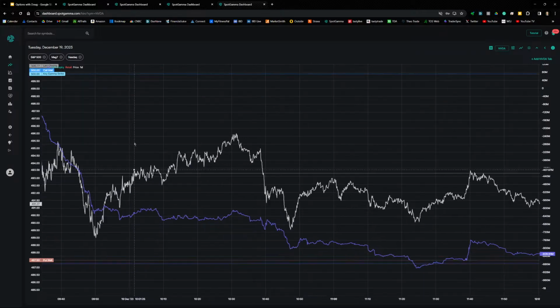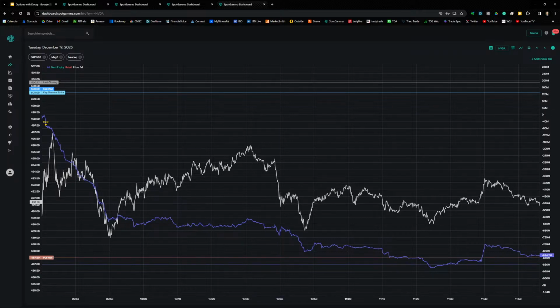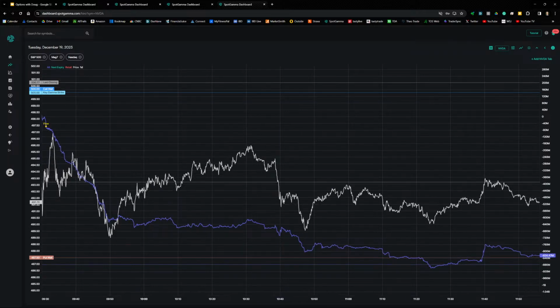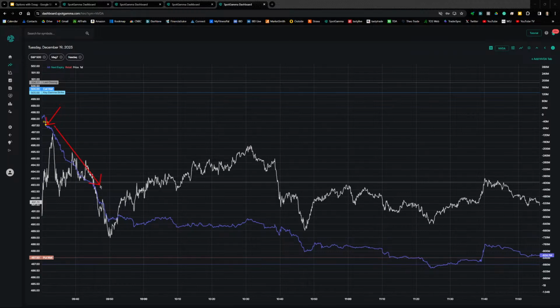Zoom in on the open here. Note the put wall down at 487.50. Very timely flow alert, right? Just a minute or two after the cash open, as traders aggressively take negative delta positions.